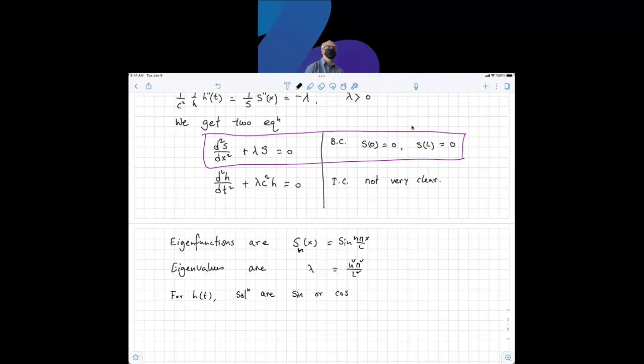And what we are arguing so far is the solution is sine or cos, to choose it from the boundary condition. Which one satisfies the boundary condition? And this one, I'm not very clear about the boundary condition. So I'm not very clear whether I choose sine or cosine. So I'll say a general form.